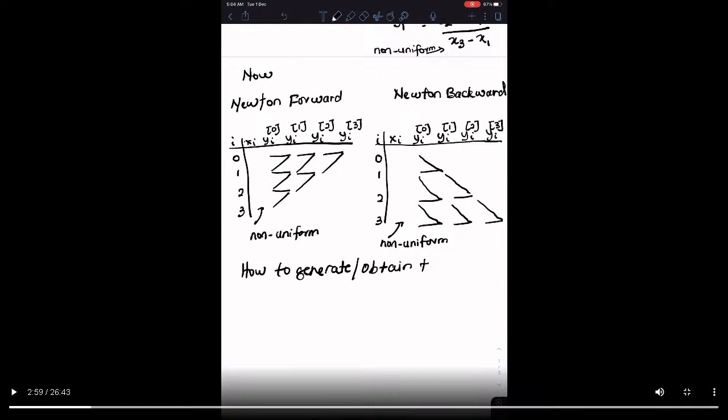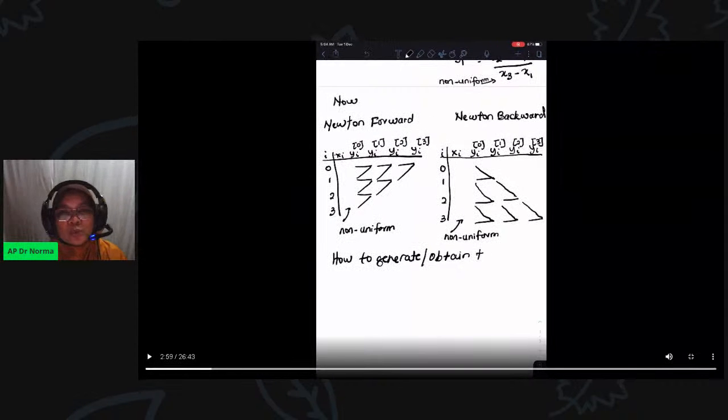Why do we learn Newton forward and Newton backward? Because we want to get a missing data for the early data near x0 using forward. For backward, we use it to find missing data near xn. So this is why we learn both.